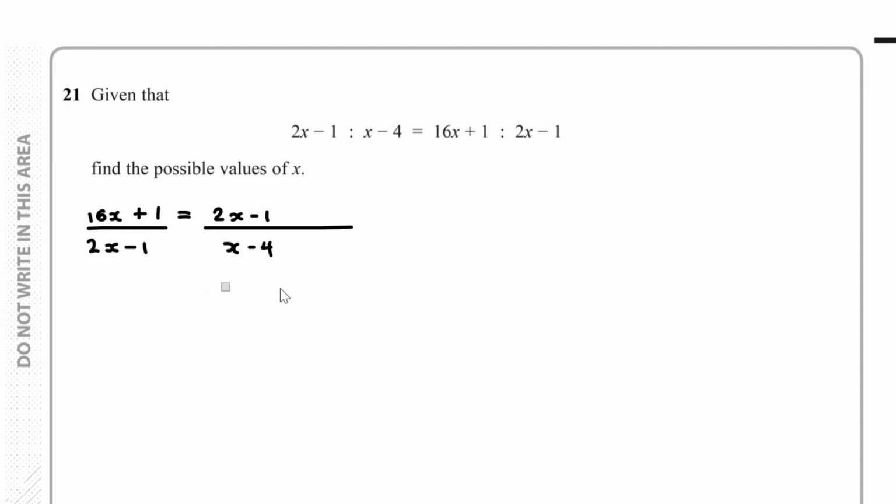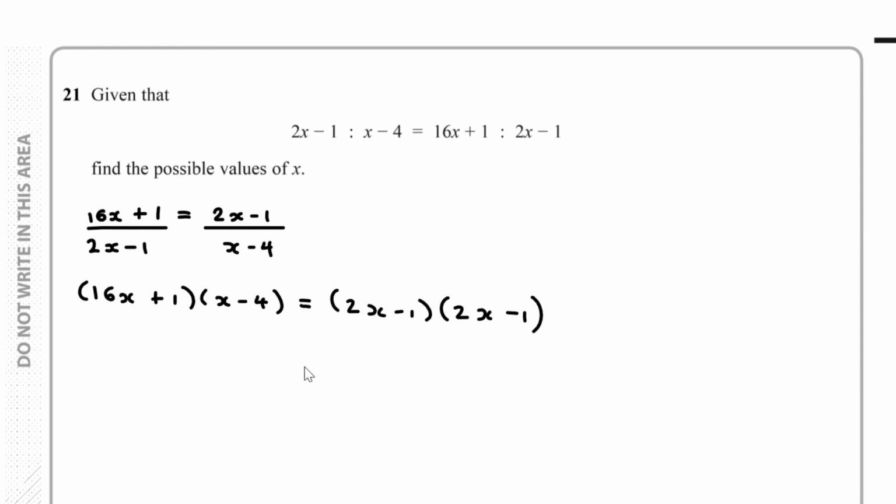So that's what we get here. So if we cross multiply now, we've got 16x plus 1 lots of x minus 4 equals 2x minus 1 lots of 2x minus 1. So let's expand and simplify.